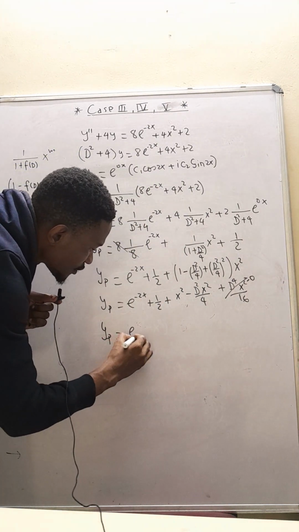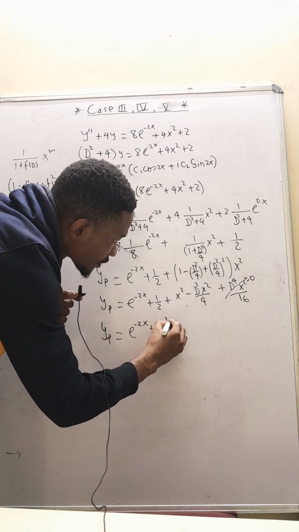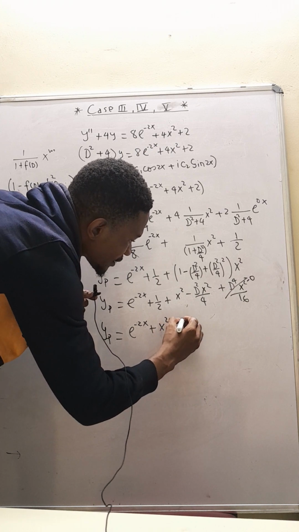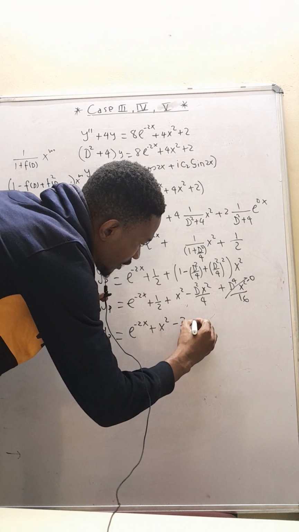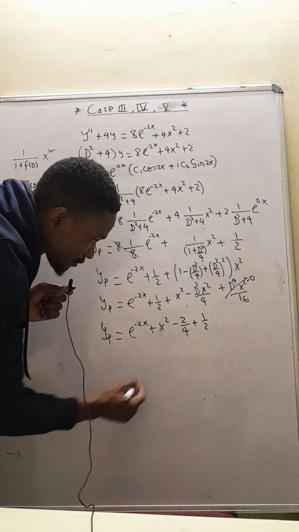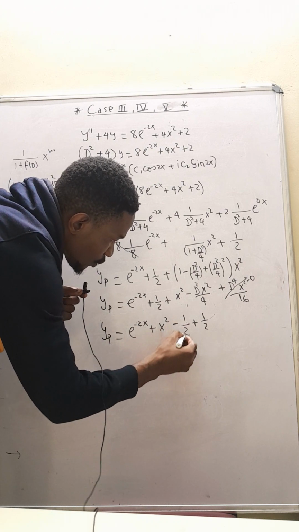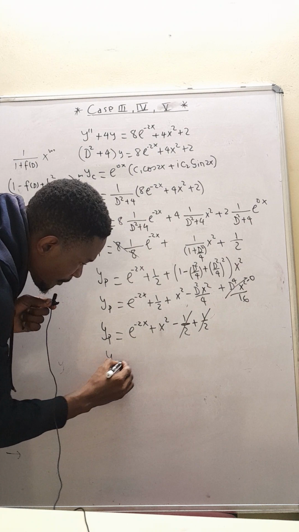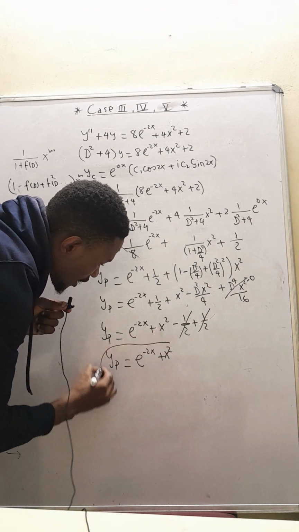So yp is e^(-2x) plus x squared minus 2 upon 4, and here I will get plus 1 by 2. This and this will be cancelled out. This will be 2 over 4, so this and this is 0. So yp will be e^(-2x) plus x squared.